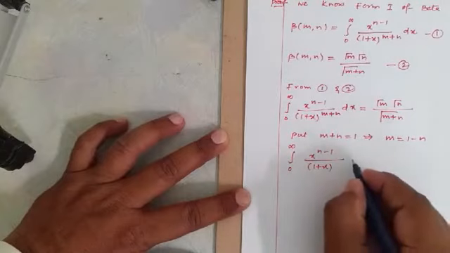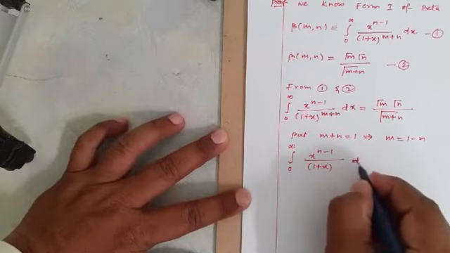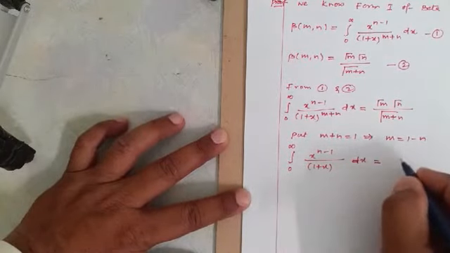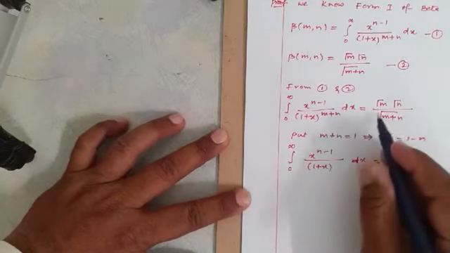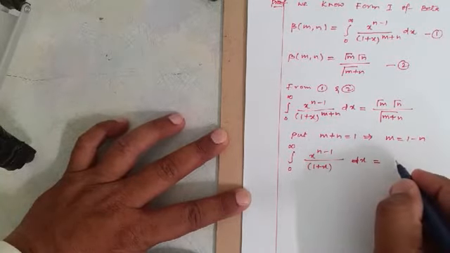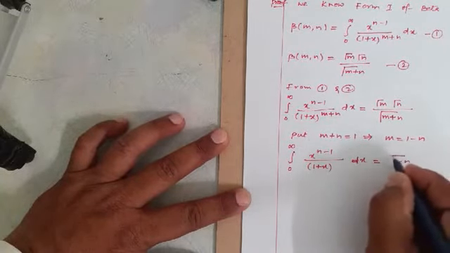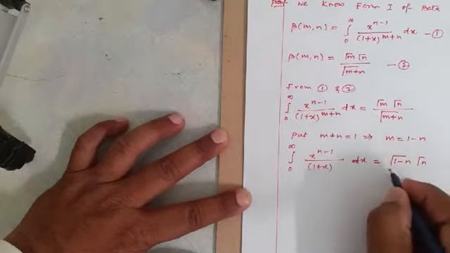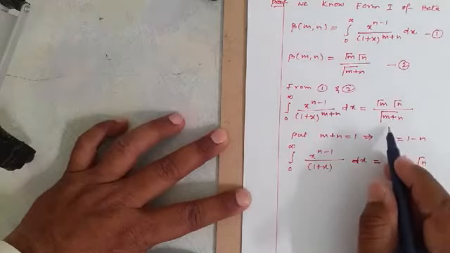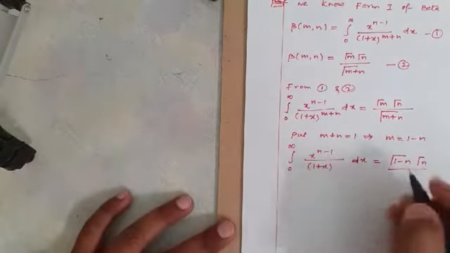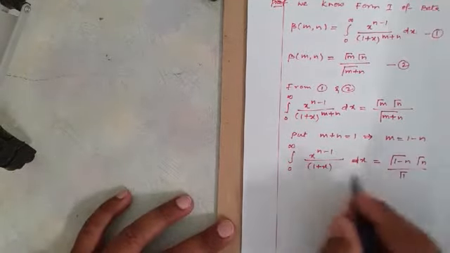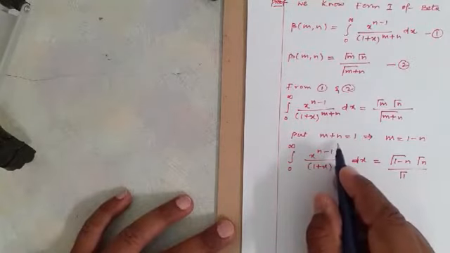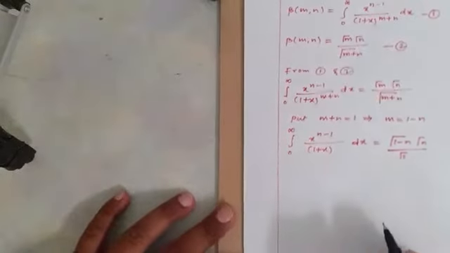So dx we have here, in the place of m we have to write 1 minus n gamma, then gamma n upon gamma 1, as we are taking m plus n is equal to 1.